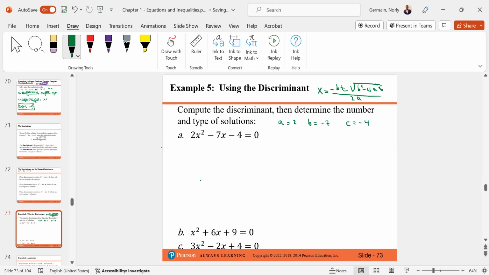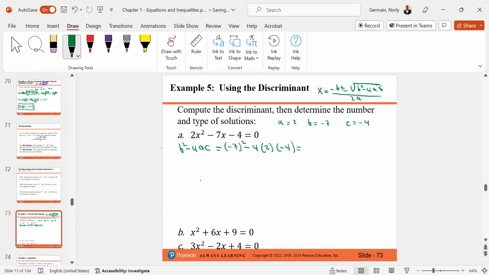Now, they said compute the discriminant and determine the number of solutions. They don't really ask us to solve this equation. They said find the discriminant and decide how many solutions we have. So in this case, we're going to do only b squared minus 4ac. B squared is negative 7 to the power 2, minus 4 times 2 times negative 4.